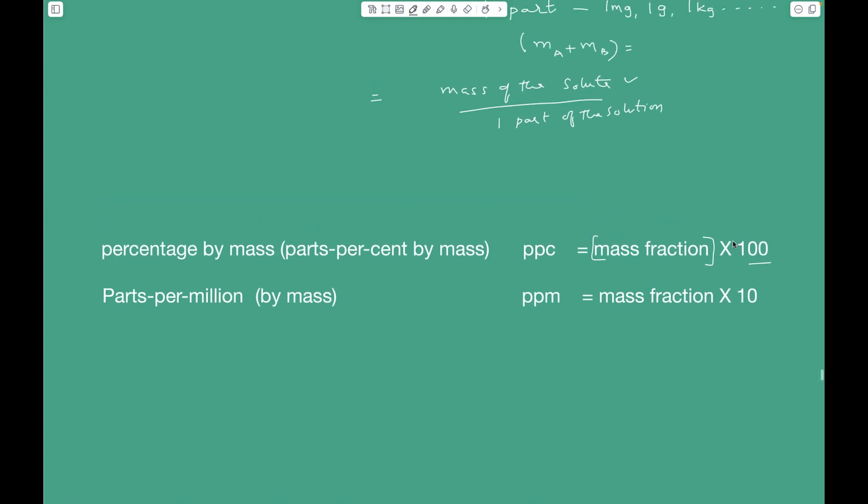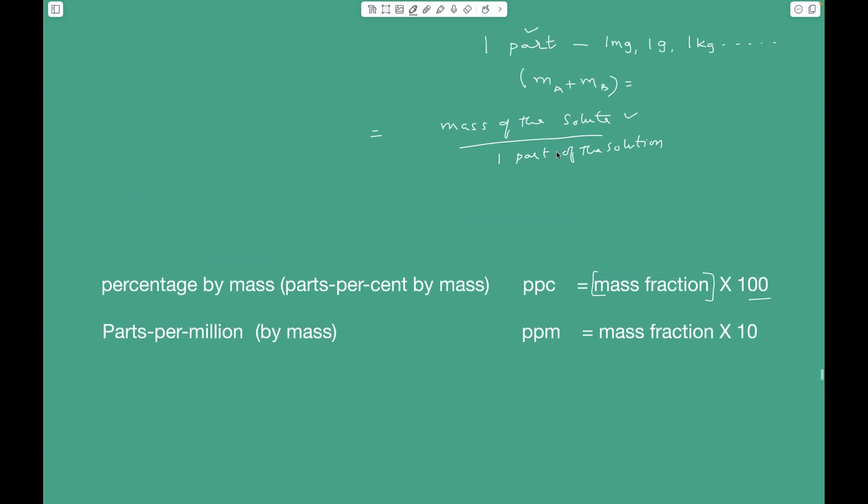To get the mass of the solute per 100 parts of the solution, you have to multiply the mass of the solute per one part of the solution with 100, and that is what we call percentage by mass.